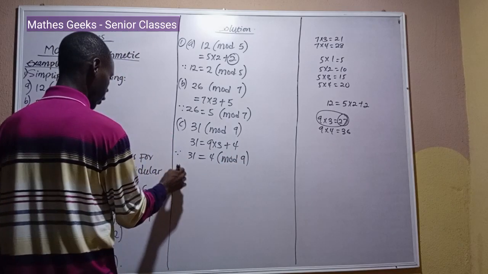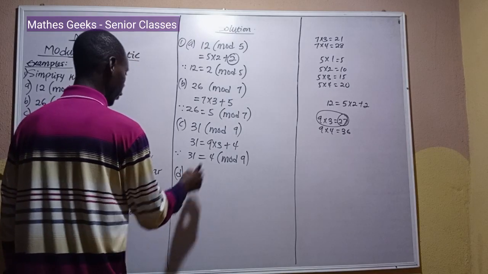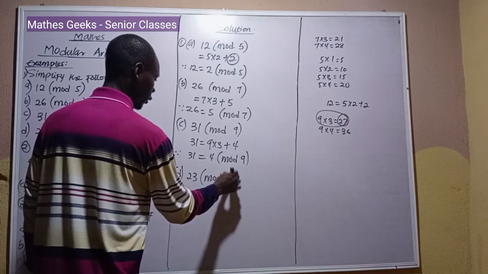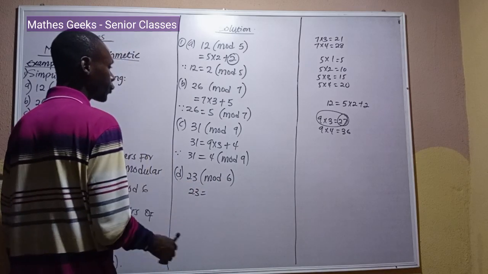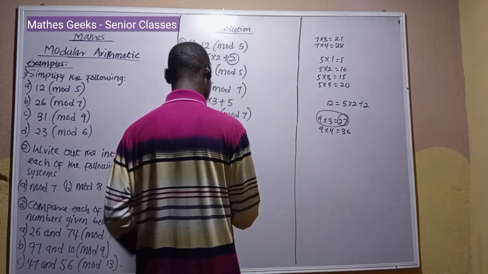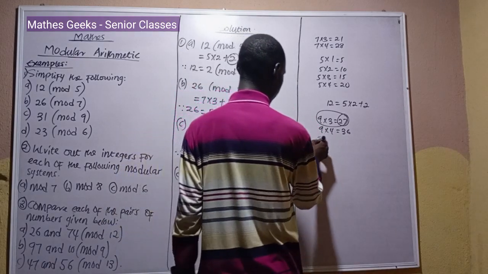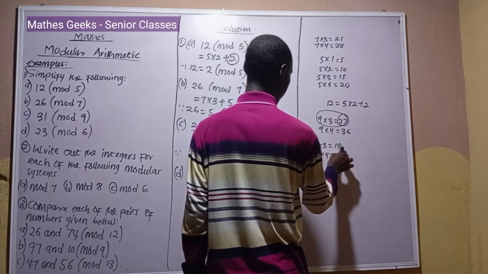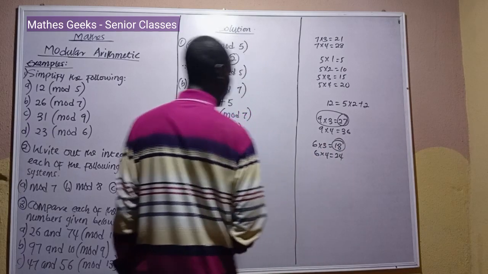D: 23 in mod 6. The multiple of 6 that is closest to 23: 6 times 3 is 18, 6 times 4 is 24. But we have 23, so the closest multiple is 18.